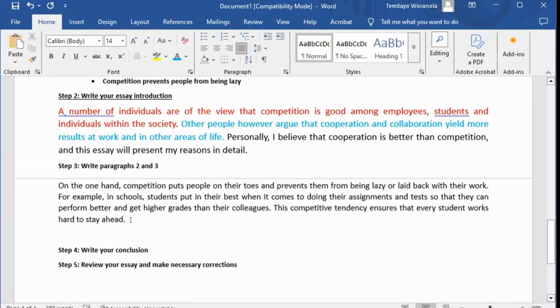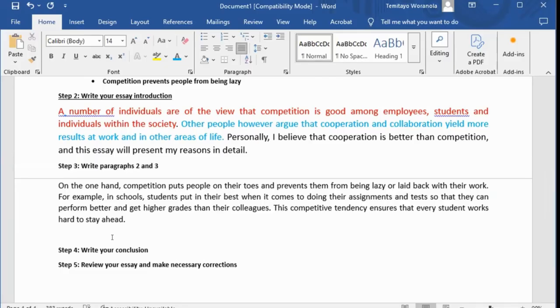That's paragraph 2. You know that as it is now, this paragraph is complete. A complete paragraph must have 3 components. What are the 3 components of a complete paragraph? When I say paragraph, and I'm talking about paragraph 2 and paragraph 3, what are the 3 components of a main body paragraph? Number 1 is topic sentence. Number 2 is explanation. Number 3 is what?